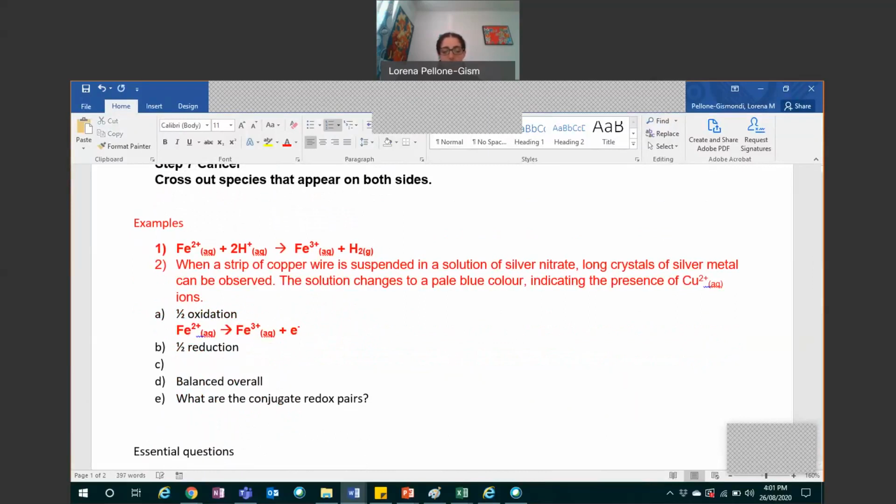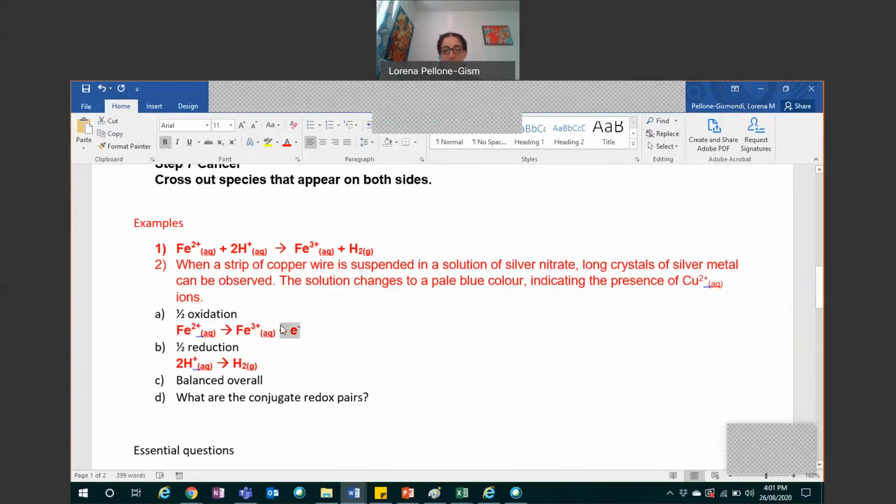So I'm going to have the hydrogen on the product side for reduction, and on the reactant side, I'm going to have H plus. And you can see here that in this half equation, it's already balanced. So adding H plus, originally it would have been like this, and we would have to put a 2 to balance the number of atoms on each side. Now I need to balance for charge.